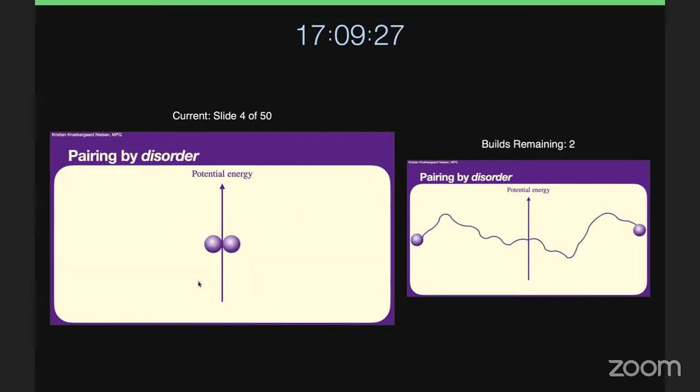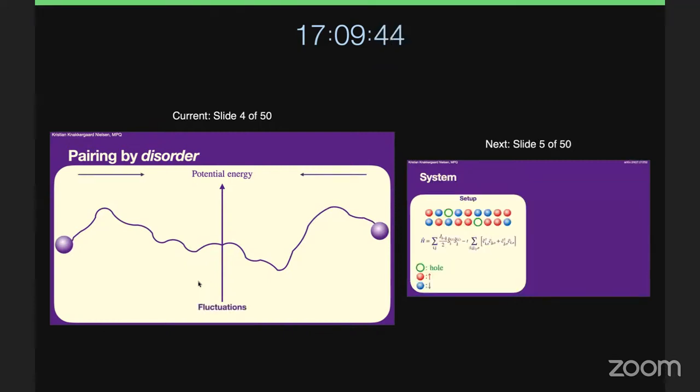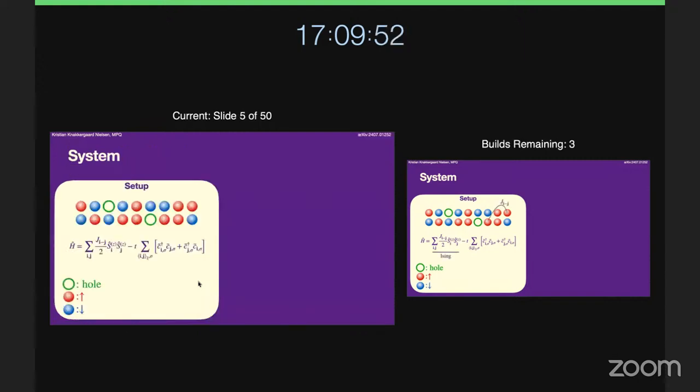But what I'll be describing to you is that there could be a different mechanism, what I'll be calling pairing by disorder, in which as the particles move apart, they fluctuate a lot in energy, and these fluctuations actually push the particles together effectively.